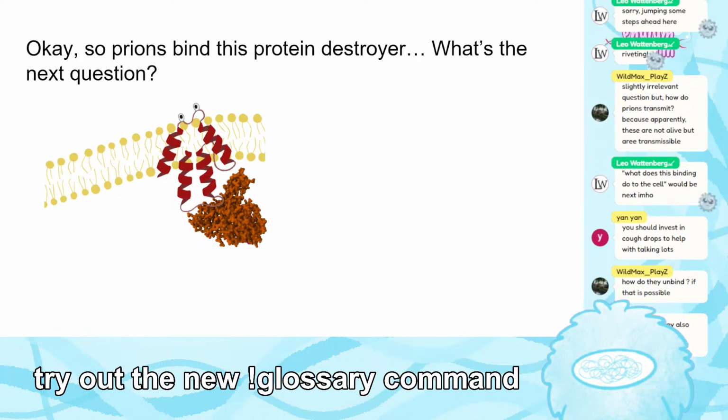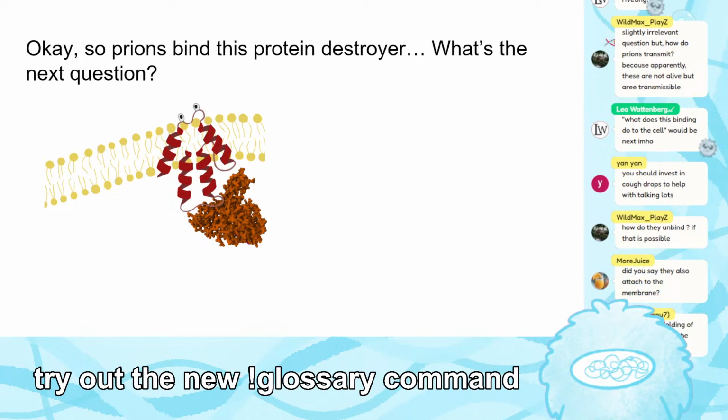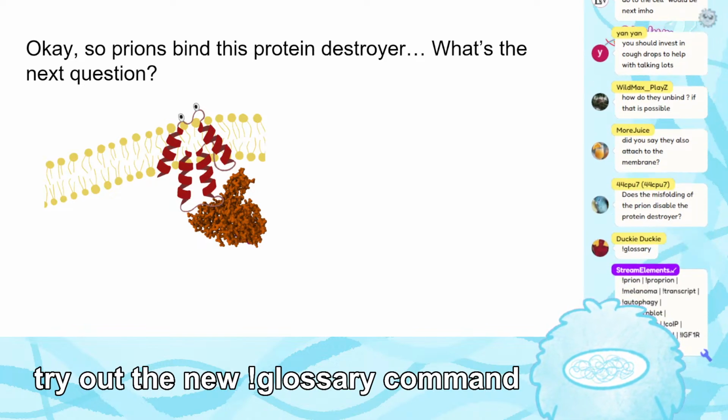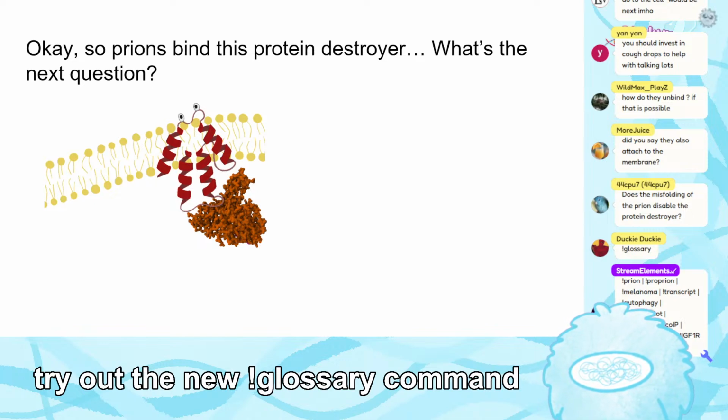Did you say they also attach to the membrane? So the prion protein is attached to the membrane, and what we know is that this is also binding to this protein destroyer. So this is anchoring the protein destroyer to the membrane. Does the misfolding of the prion disable the prion destroyer? So we're actually not going to be talking about misfolding of the prion protein at all. This is all a feature of the normal healthy prion protein, which is very surprising.